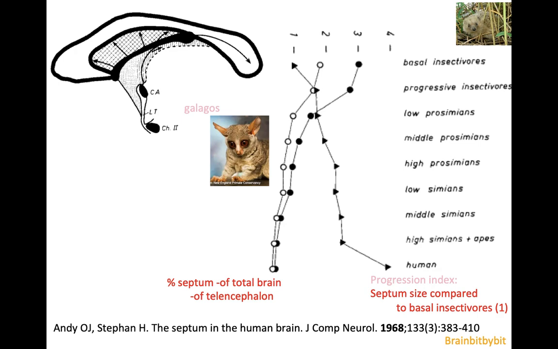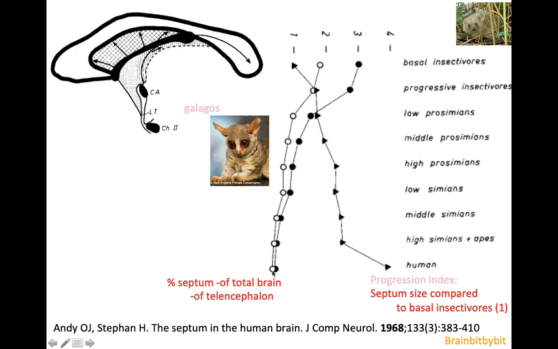And it is incorrect that the septum pellucidum doesn't have a function in humans anymore. If you look at the size of the septum pellucidum in humans, here superimposed on the size of the septum pellucidum in this prosimian, this half ape, with the dotted line, you can see that through evolution, the septum pellucidum has grown.